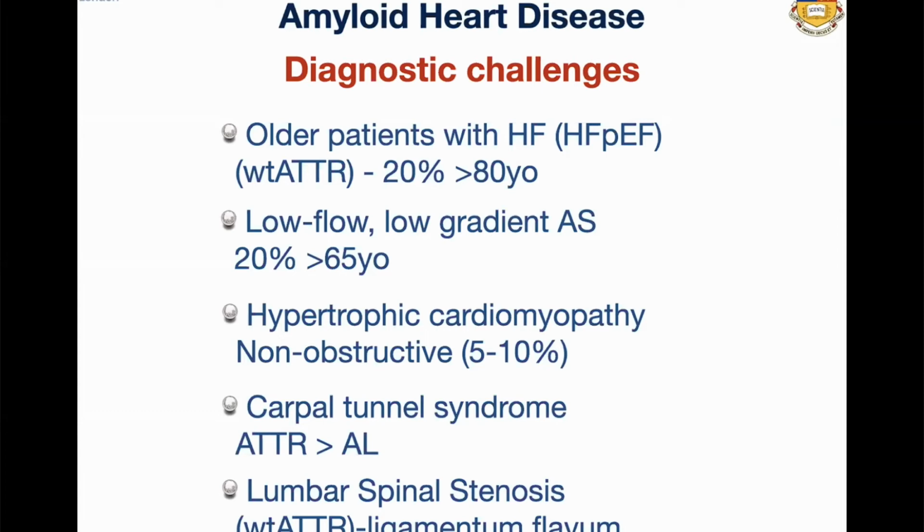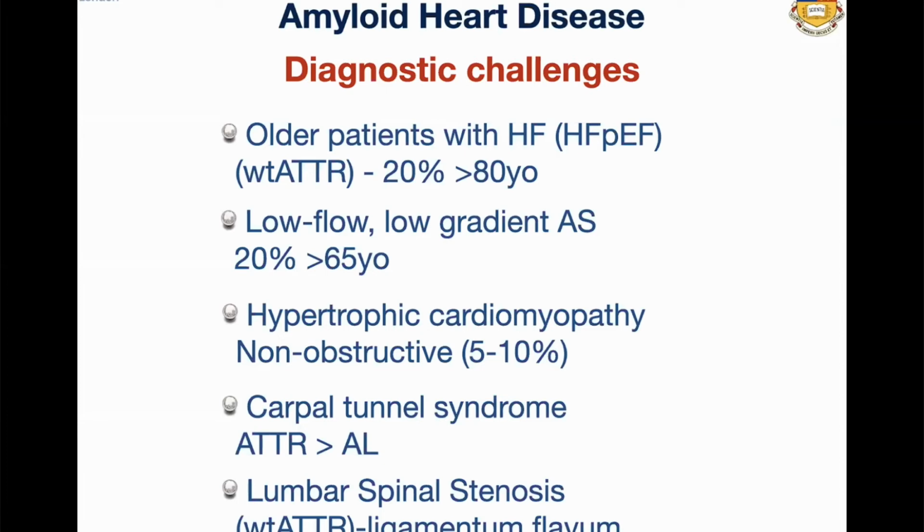Hypertrophic non-obstructive cardiomyopathy: about 5 to 10% may have amyloidosis. A very good clue is patients who have carpal tunnel syndrome. Careful to make the diagnosis. ATTR is probably more frequent than AL amyloidosis. And lumbar spinal stenosis or ligamentum flavum thickening: these patients may have wild type transthyretin amyloidosis.